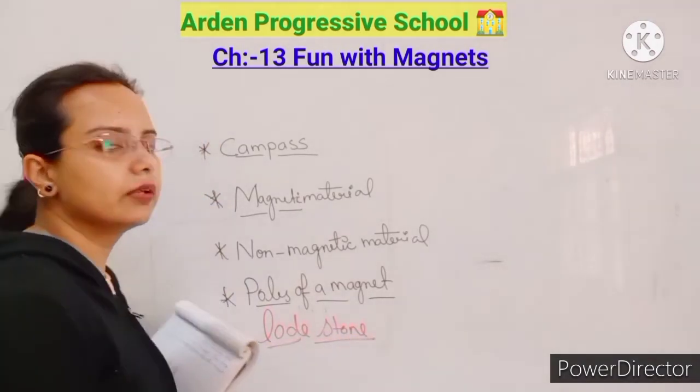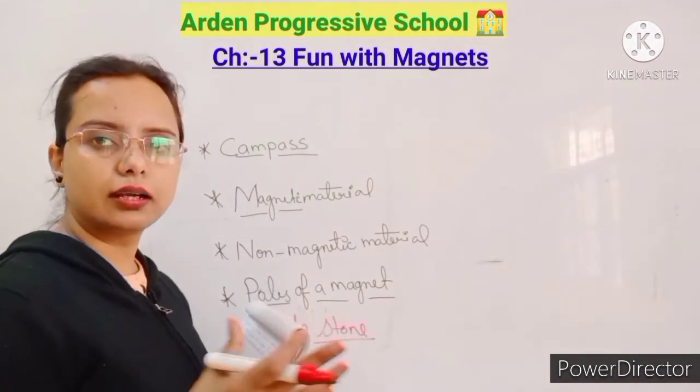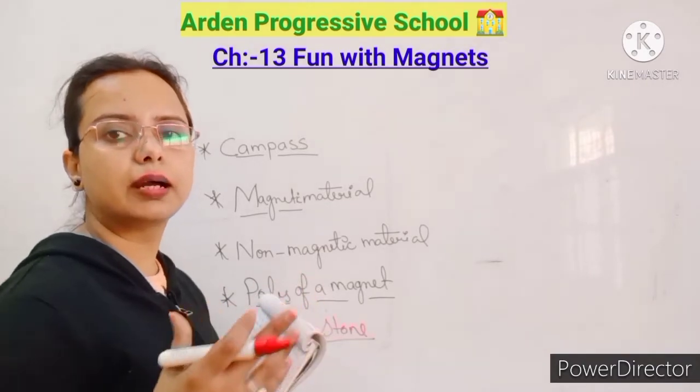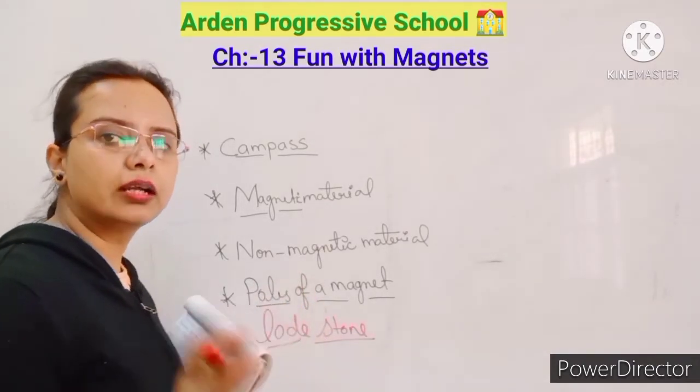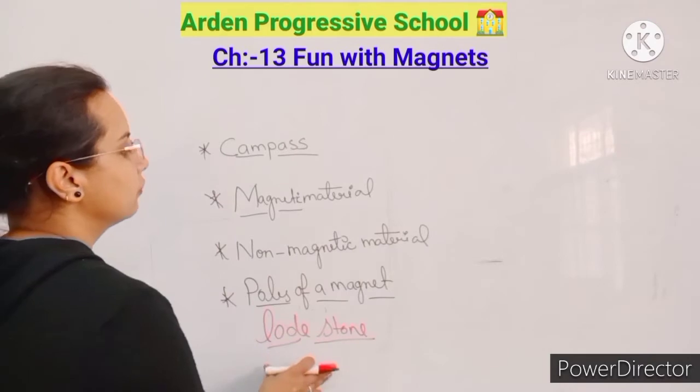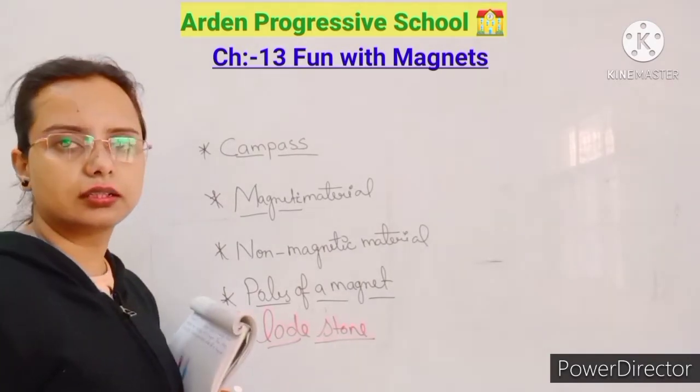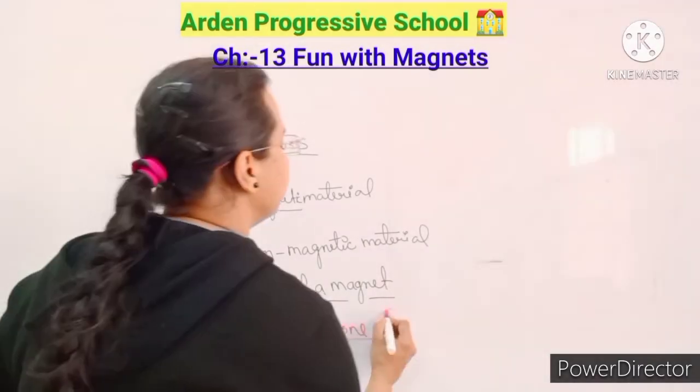The stick of that man, that was an iron stick, got attracted by that stone. So from that place, the invention of the magnet started. That is of 1845.